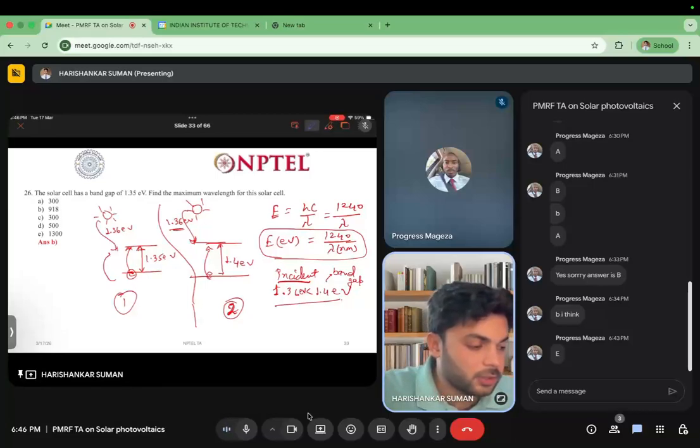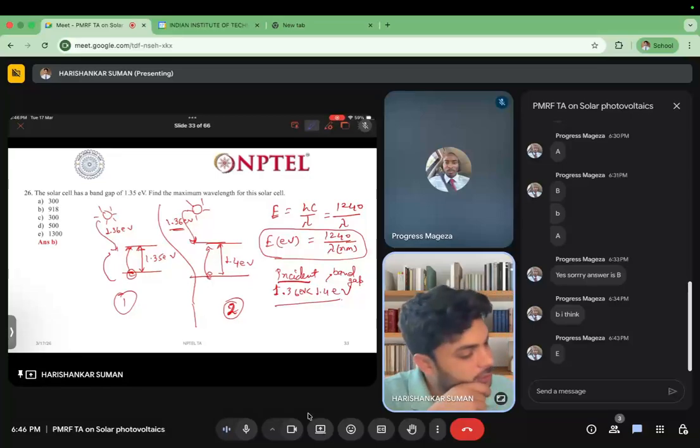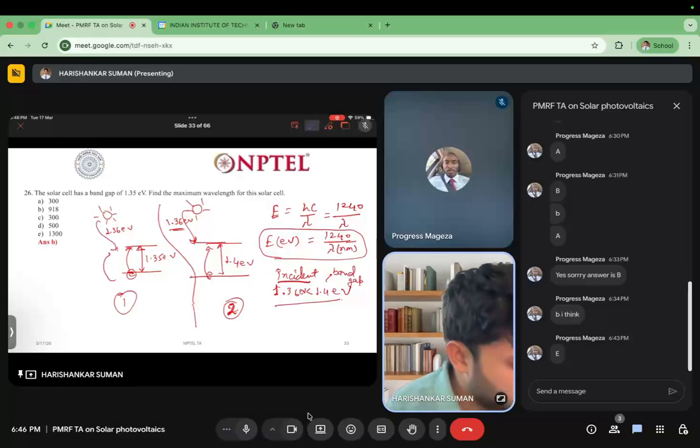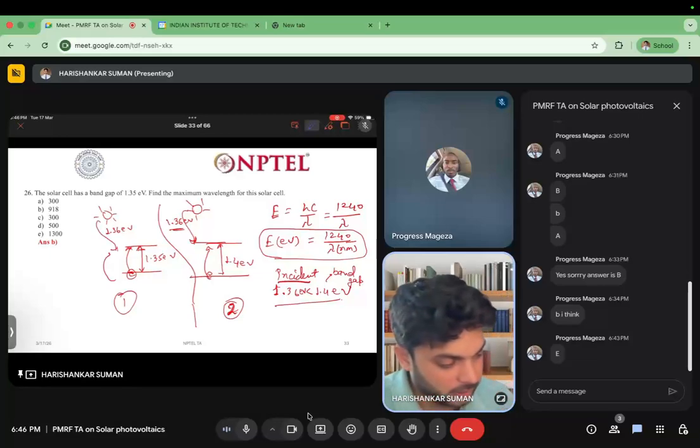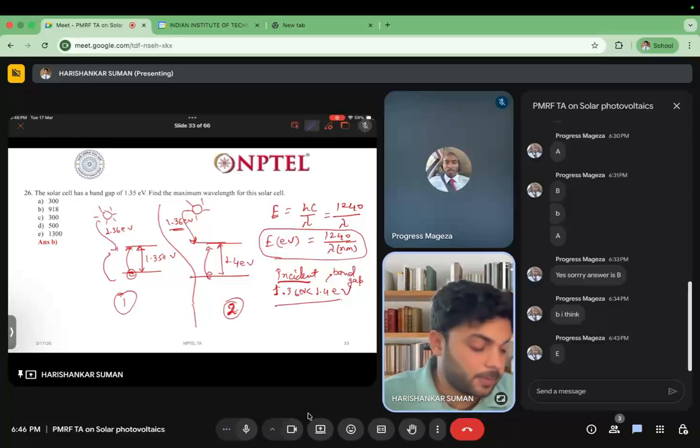How can we solve it? E equals hc by lambda. hc is 1240. If we put it in this way, we will get lambda in nanometers, if the energy is put in electron volts.